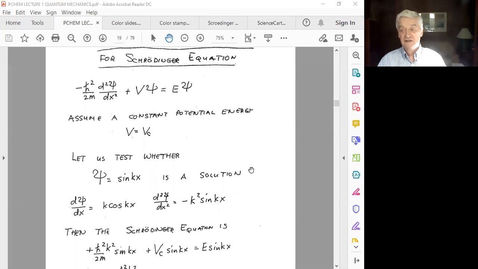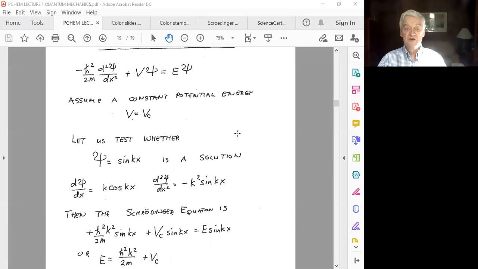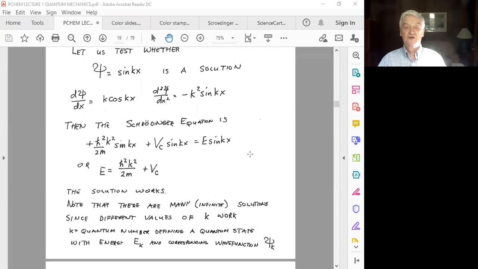Now, obviously, I must have some motivation for picking this function, but let's go through the process. The Schrodinger equation says let's take second derivatives of it. The derivative of sine kx is k cosine kx. The second derivative of cosine is minus the sine, and so we get minus k squared sine kx. Let's plug that back into the Schrodinger equation.